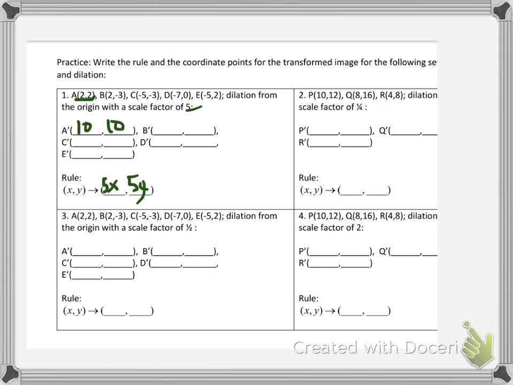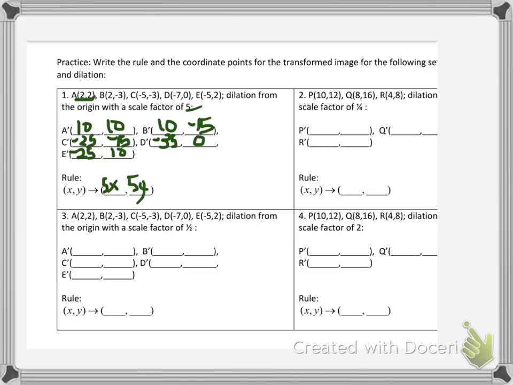If B is 2, -3, it becomes 10, -15. If C is -5, -3, it becomes -25, -15. If D is -7, 0, it becomes -35, 0. And E is -5, 2, so that's -25, 10.